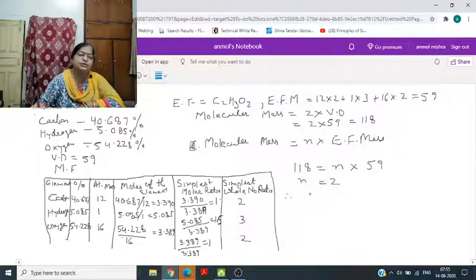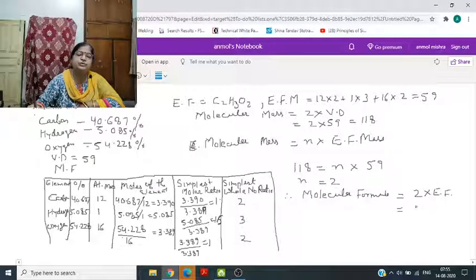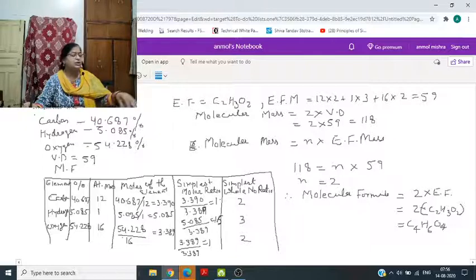Therefore the molecular formula will be equal to 2 into the empirical formula. So 2 into C2H3O2, so C4H6O4 is the molecular formula.